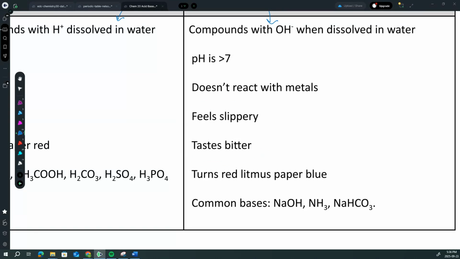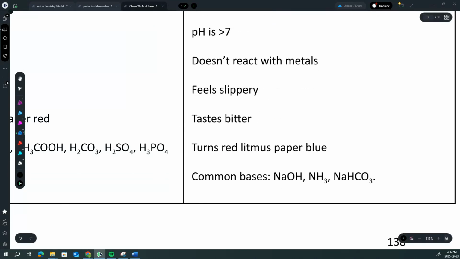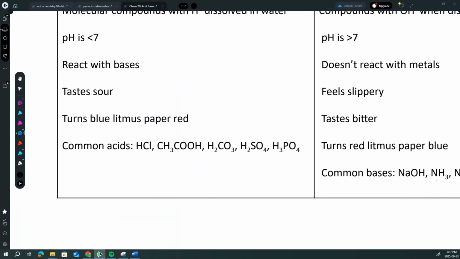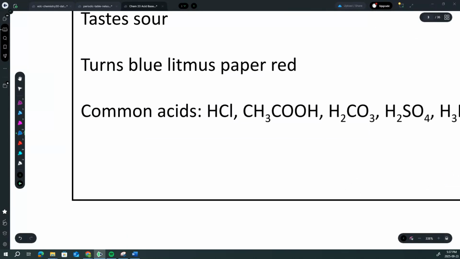Bases are also going to turn red litmus paper blue, and some examples of bases are sodium hydroxide, ammonia, and sodium hydrogen carbonate. One last thing before we move on here, just to help you easily identify acids, which we will get into. Most of the time, acids are either going to begin with H or end in COOH.